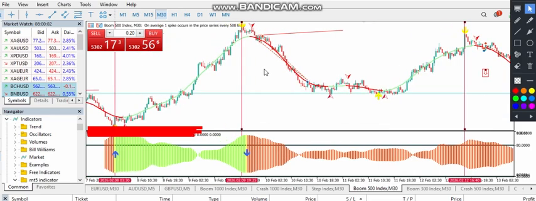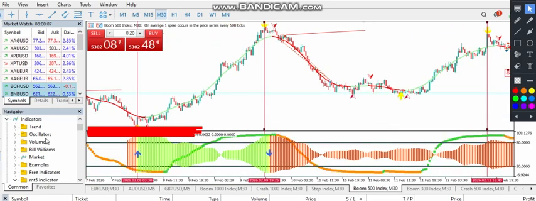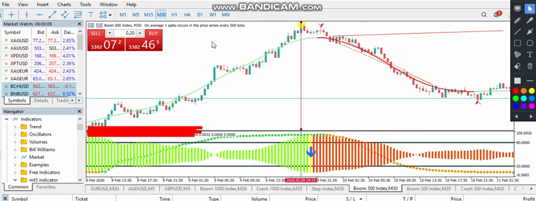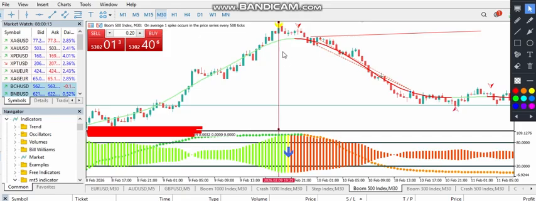Now that you are back on the 30-minute time frame, let me zoom in so that you guys can see it. You check where the line that you marked on the 5-minute time frame appears on the 30-minute time frame. You can see that it appears on the last green candle.